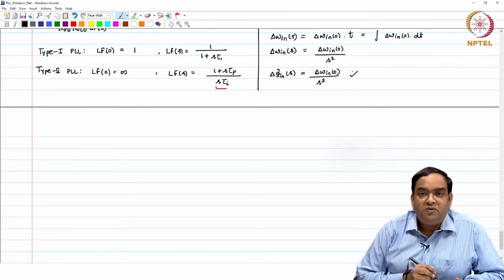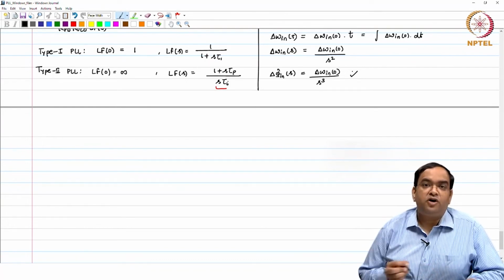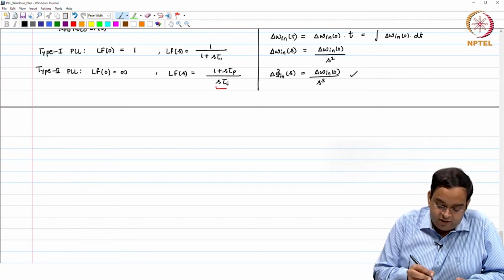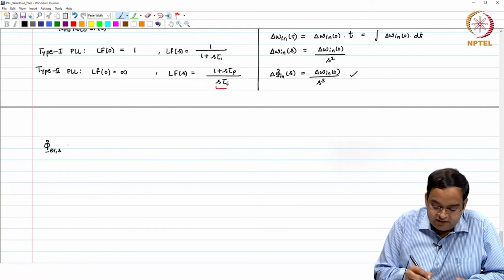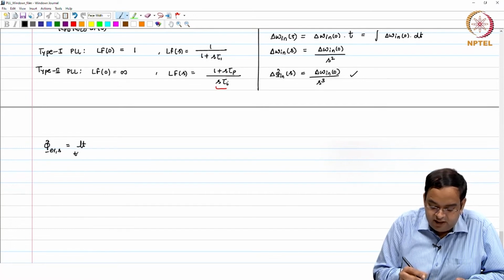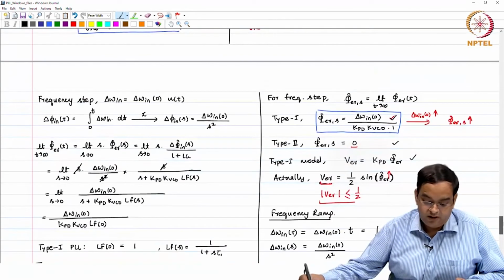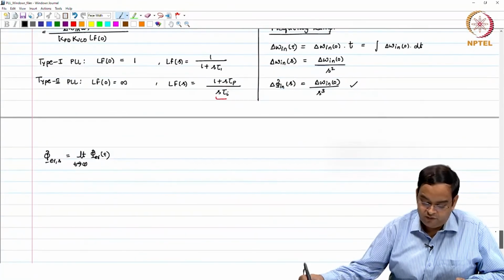I need to find out whether the PLL will remain in lock or not, which means I need to find out the steady state error value. Well, same principle, nothing changes here. Phi error of steady state is limit t tends to infinity of phase error of t. That is what I need to find.